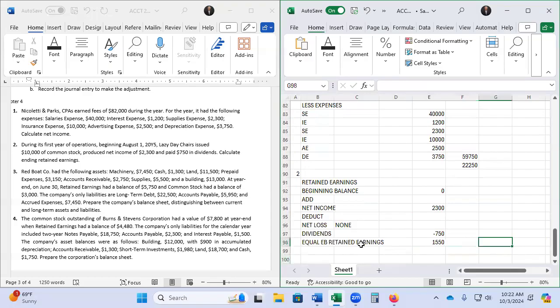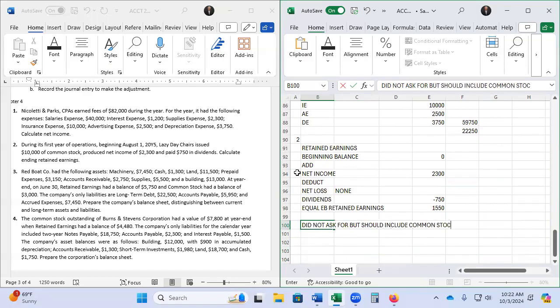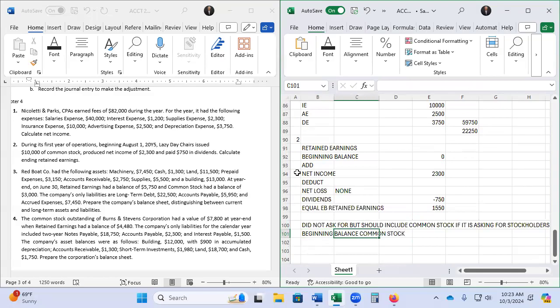Now keep in mind, if they asked for stockholders' equity, which they did not ask for, the way that would work is the beginning balance of common stock would have been 0.